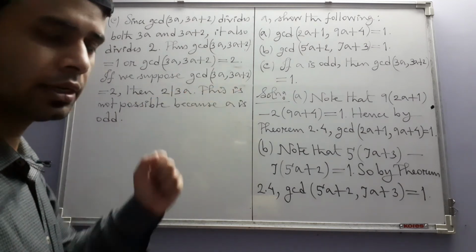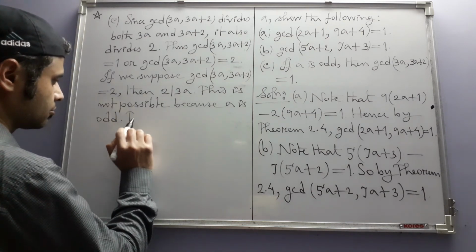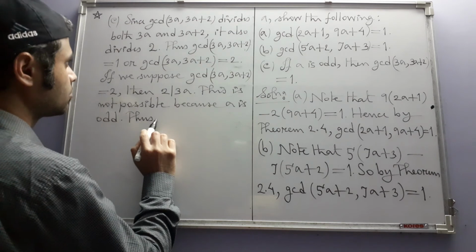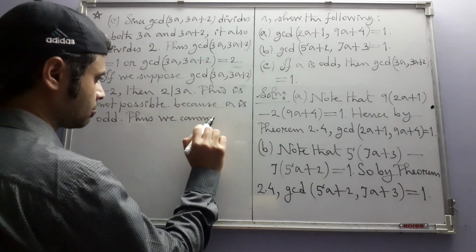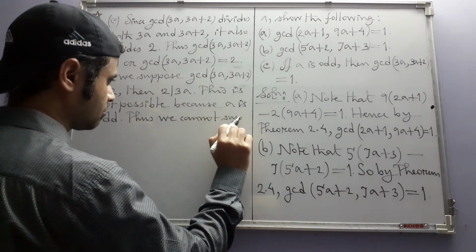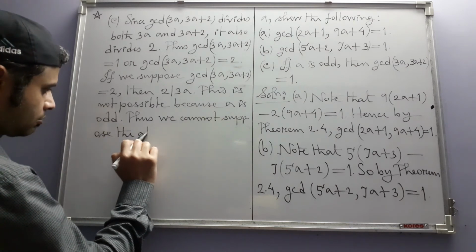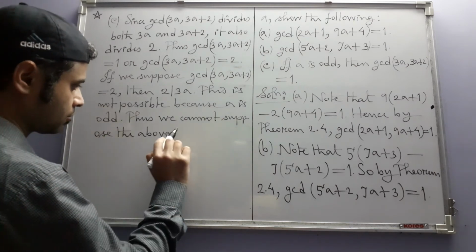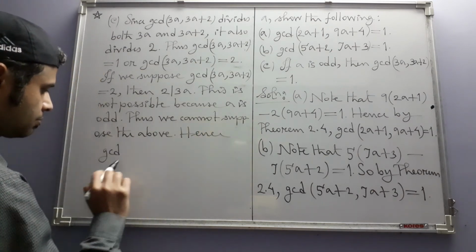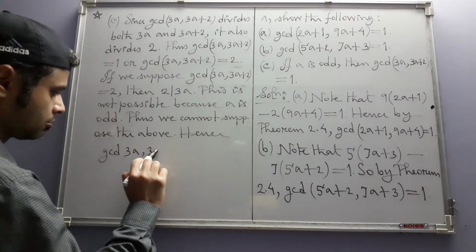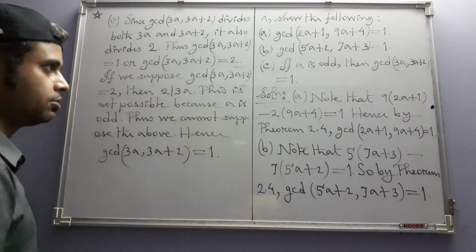However, it's given that a is odd, so our supposition is wrong. Hence this must be equal to 1.